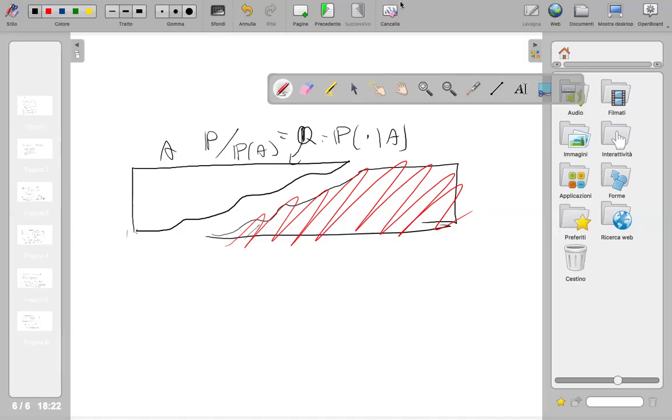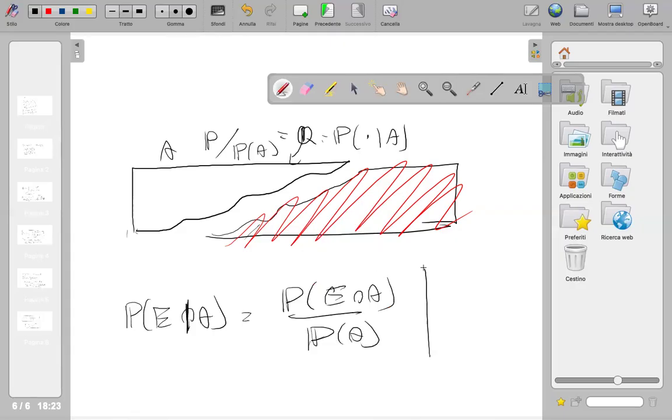Now maybe let's do an exercise simply to check the definition. I recall the definition here. The probability of E given A is equal to the probability of E intersected A divided by the probability of A. Okay, so let's make an exercise, and then maybe I will do an example which is a little bit more interesting than the exercise, because the exercise is only to check the definition.